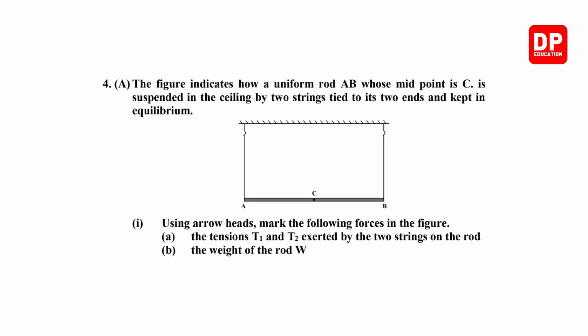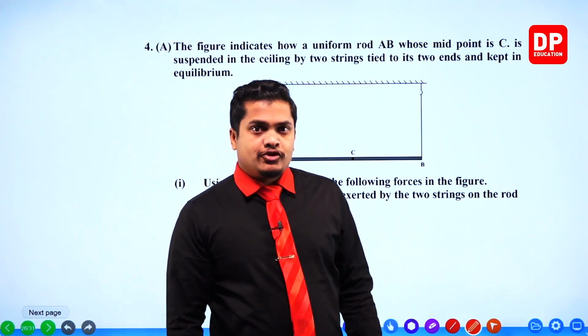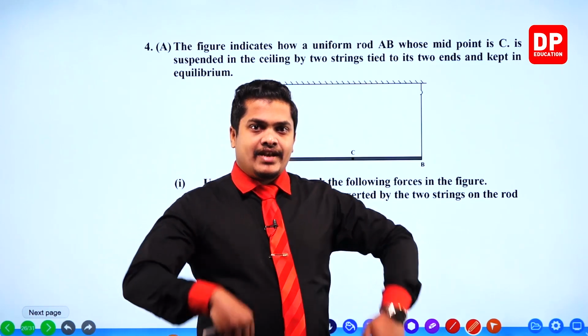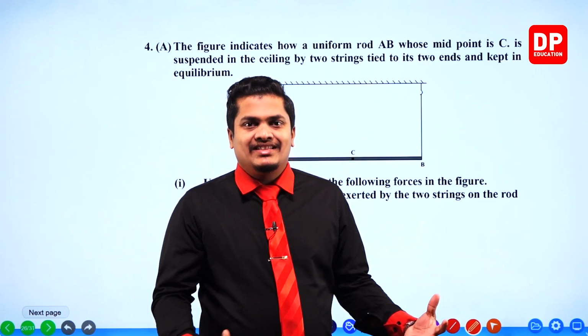The figure indicates how uniform rod AB, whose midpoint is C, is suspended from the ceiling by 2 strings tied to its 2 ends and kept in equilibrium. So it is under equilibrium. We know that if it is under equilibrium, my dear children, the forces acting downward should equal the forces acting upward. That is why it is in the equilibrium state.